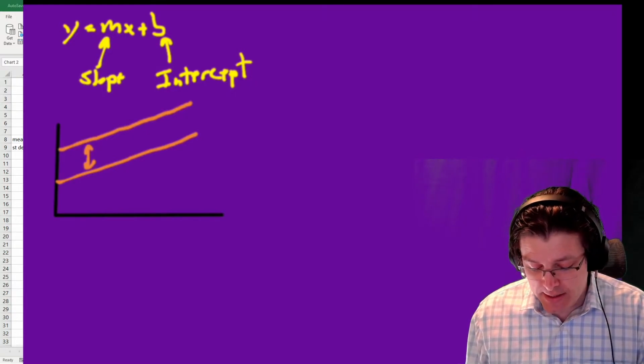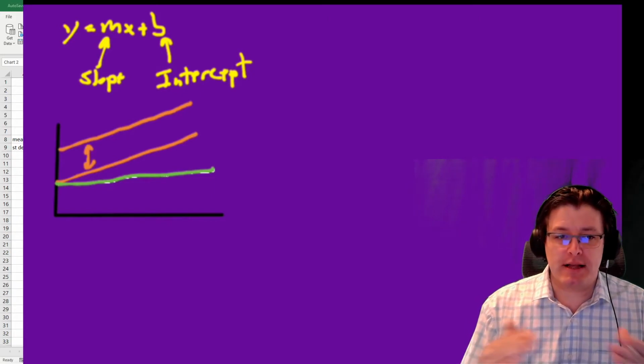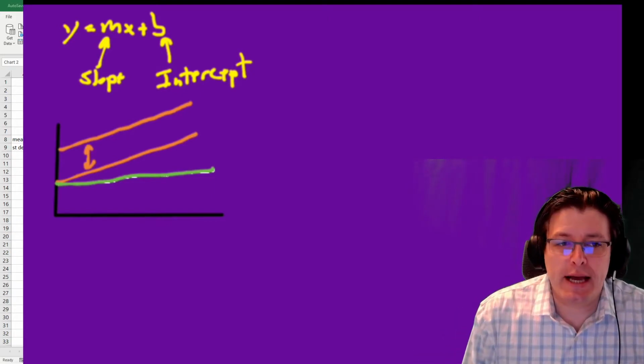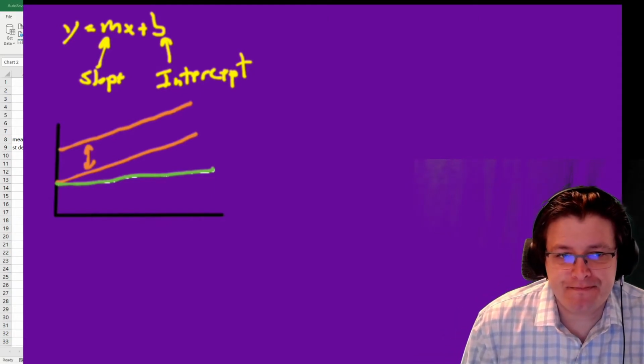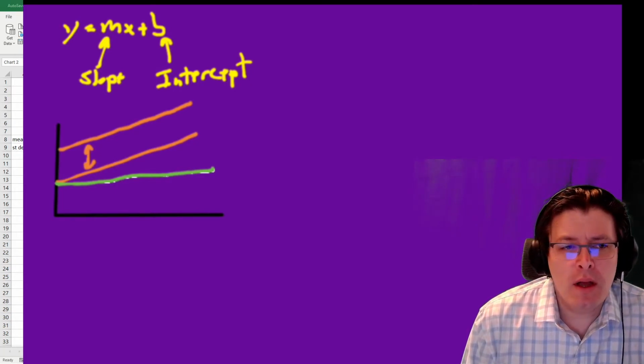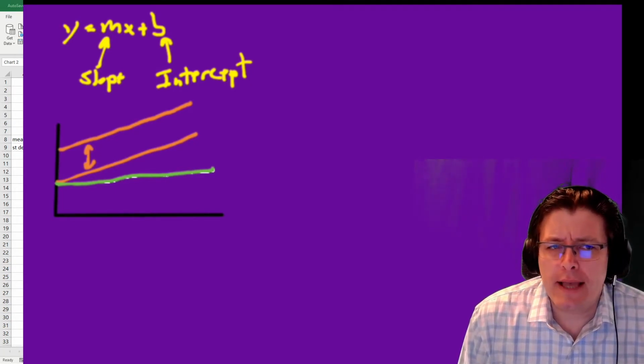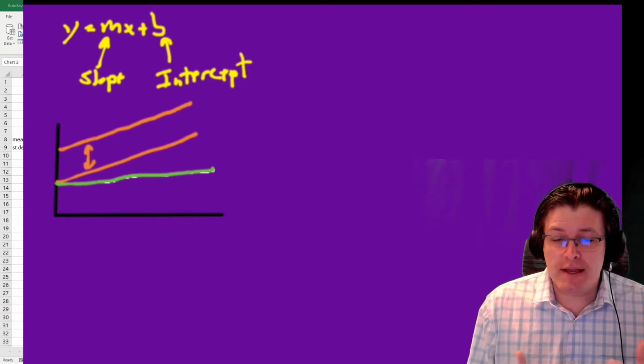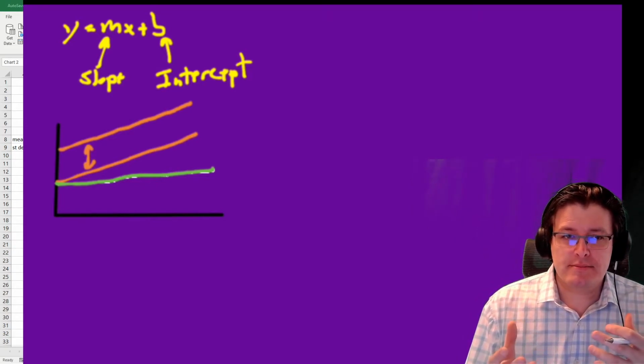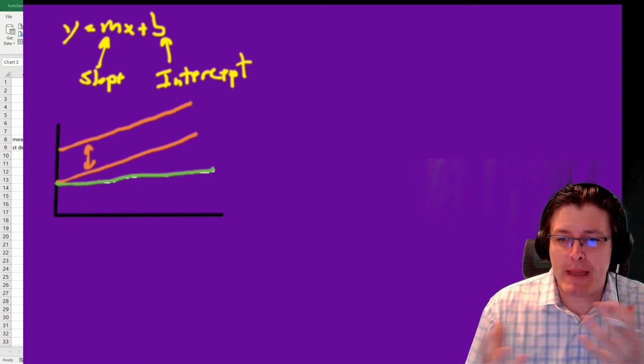Similarly, we need the slope, because just having the intercept doesn't tell us which line we're on. So in the way you learned lines, we need m and b.